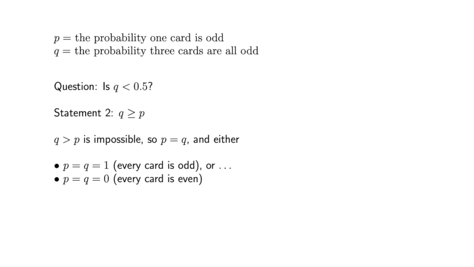Or, if no card in the deck is odd, if every card has an even number on it, then no matter how many cards we pick, the probability we get odd cards is going to be 0. So what statement 2 tells us is that either Q is equal to 1 or Q is equal to 0. We can't tell if Q is less than 1/2, and statement 2 is not sufficient. So the answer is A.